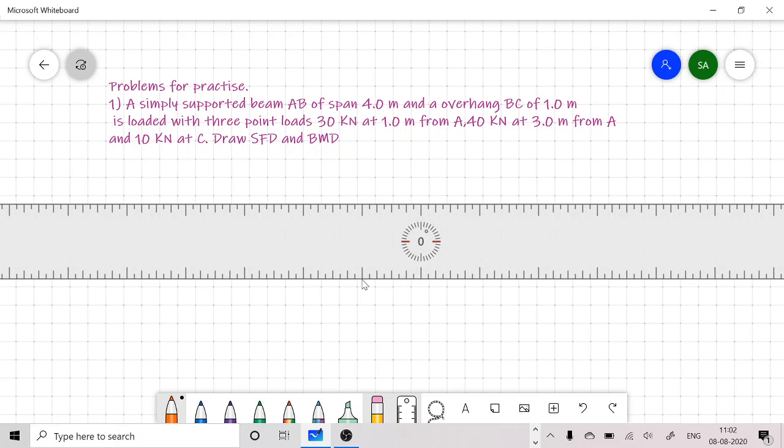So I am drawing the beam, a beam of 4 meter span. 1 meter is overhang, BC is overhang.